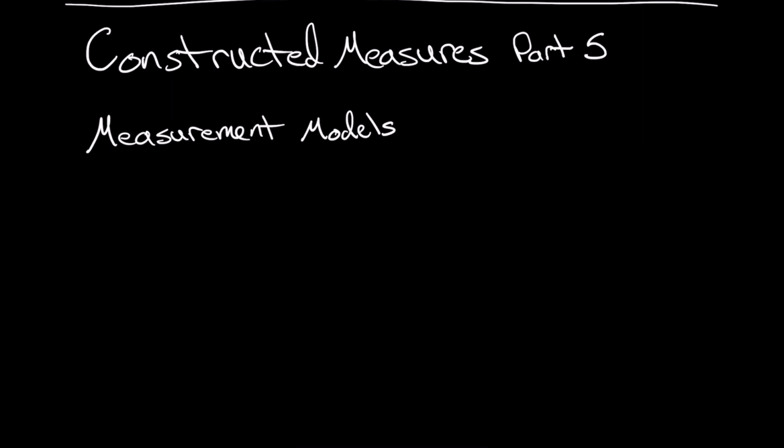Thanks for joining. Today we're going to be talking about the next step in the process of constructing measures, and that is this idea of a measurement model. A measurement model is most generally a way of connecting items with our constructs. How do we connect them?